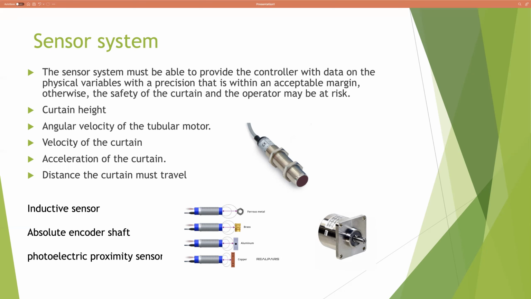We don't want anything to be where it's not supposed to be, so we're going to put those where we need to, to avoid people or anything from being underneath the curtains, and to protect the curtains and the people working them, or people in general. So basically, this is the sensor system we want to have in place.